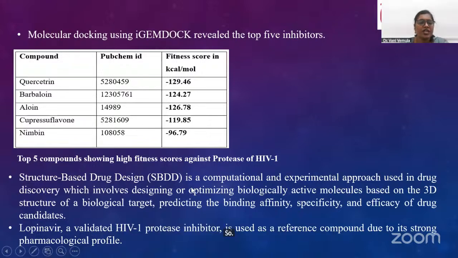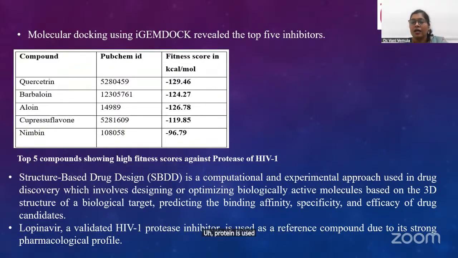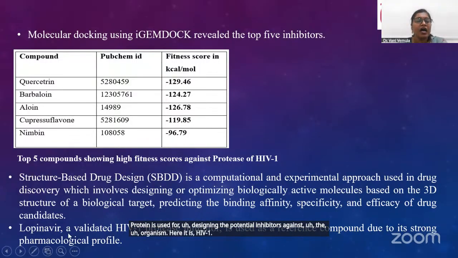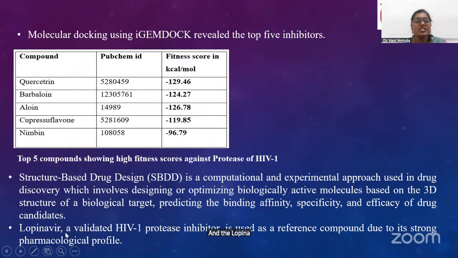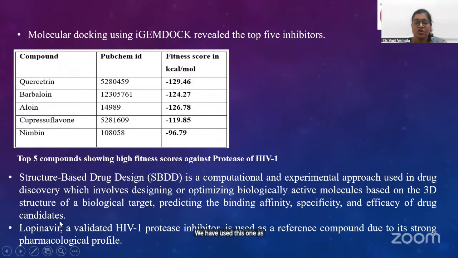As we all know, structure-based drug designing is the approach where the 3-dimensional structure of the target protein is used for designing potential inhibitors against the organism. Here it is HIV-1. Lopinavir is the compound well characterized as a potential inhibitor against HIV-1 protease. We have used this as the reference compound for this study.